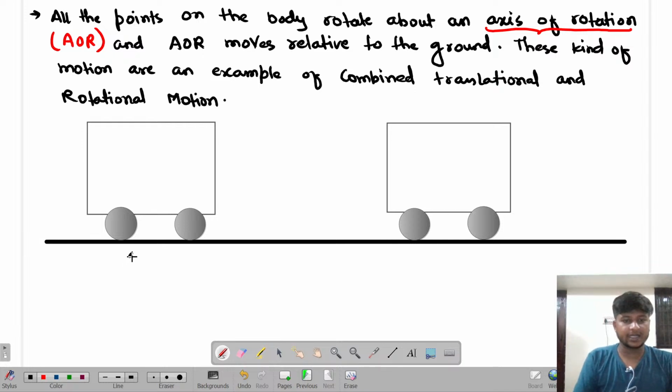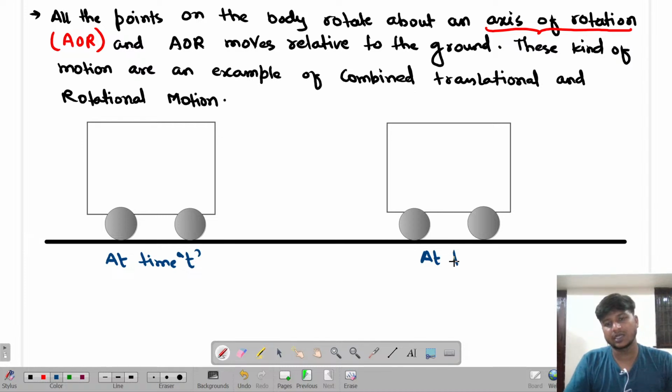Now, this is at time t. And this is at time t plus delta t. Are you able to get me or not? So two times I'm considering, t and t plus delta t.